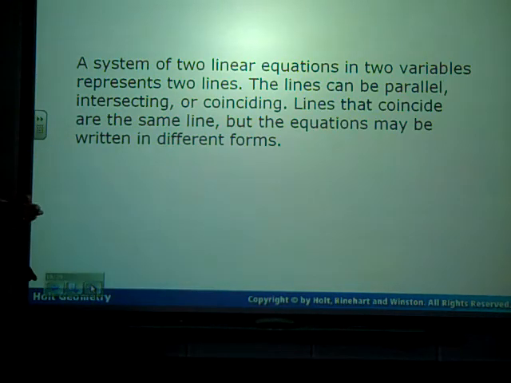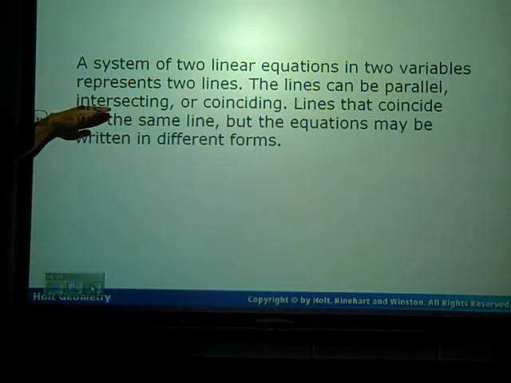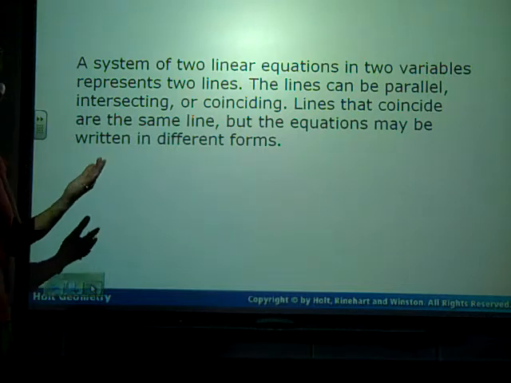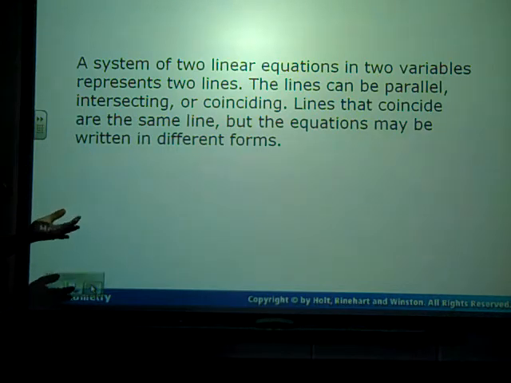Now when you've got a system of 2 linear equations, 2 variables, it's really just 2 lines. And you want to know, are they parallel, in which case there's no solution to the system? Do they intersect, in which case you'll get one solution? Or do they coincide? Coinciding means if you put them in slope-intercept form, they're going to run on top of each other.